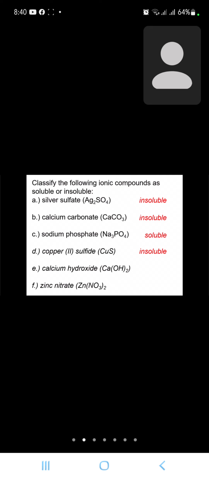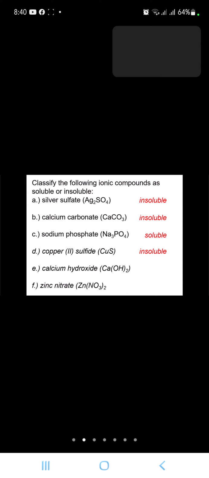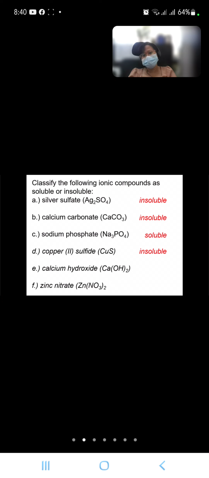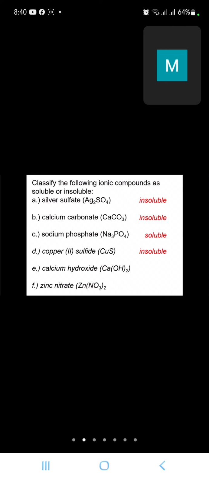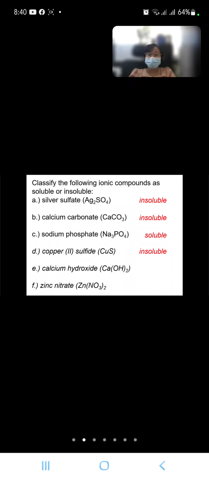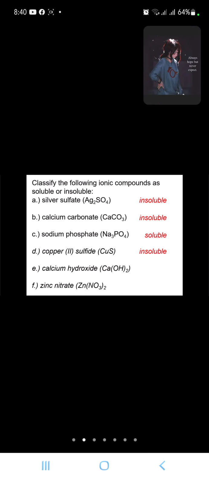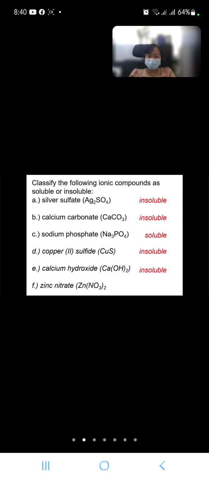Insoluble. Hydroxides are insoluble, but there are exceptions. Is calcium in the exceptions? No. Only barium in group 2, and ammonia and the alkali metal ions. So calcium hydroxide is insoluble. Very good. How about number 3?